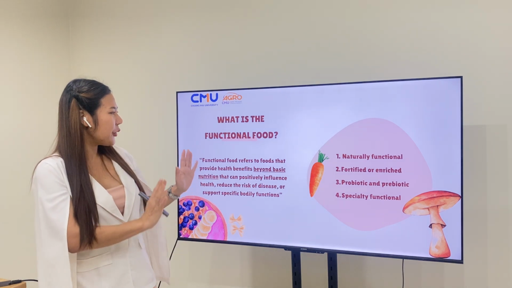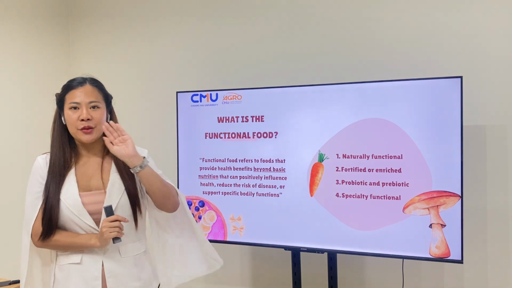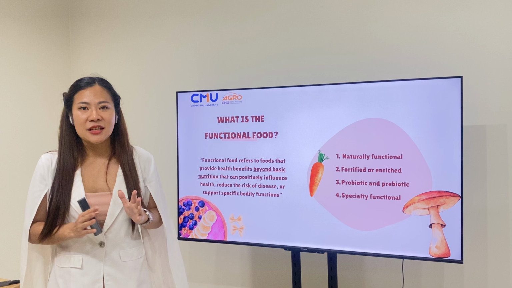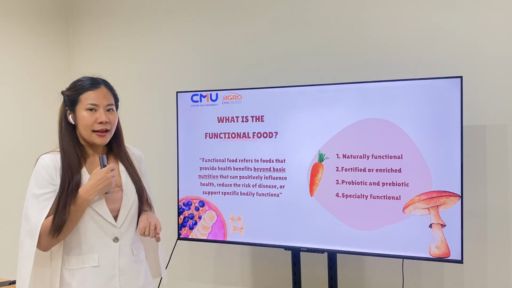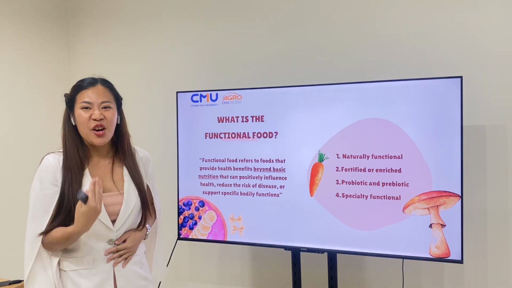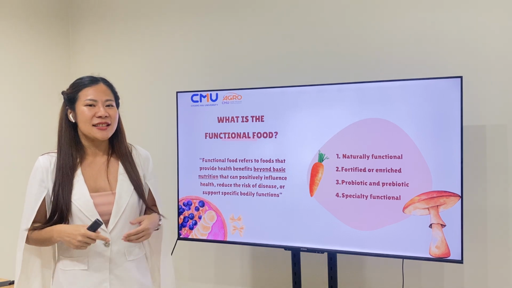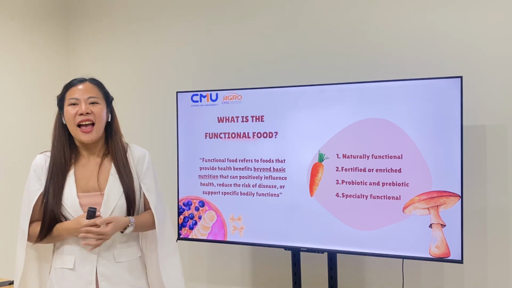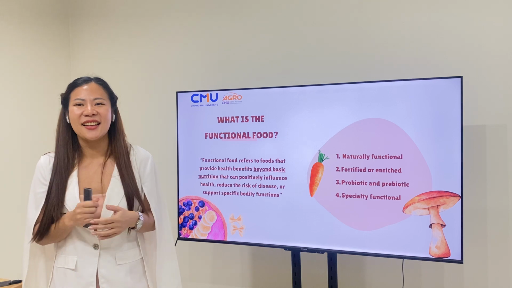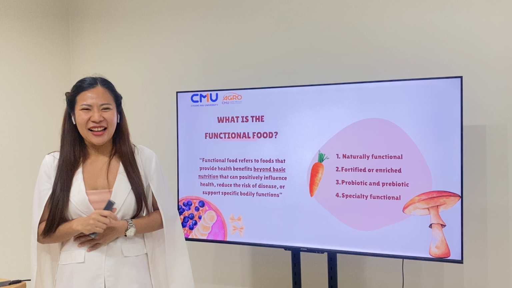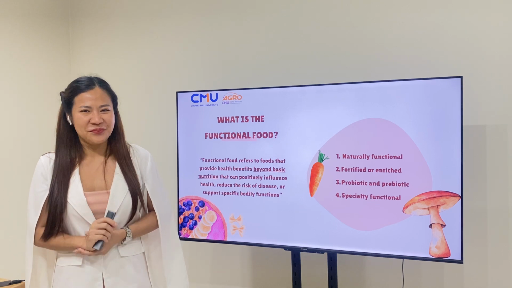Functional food can be divided into 4 groups. The first one is naturally functional food. It is just normal food that contains some phytochemicals, such as berries that have high antioxidants and vitamin C, or salmon that contains high omega-3.